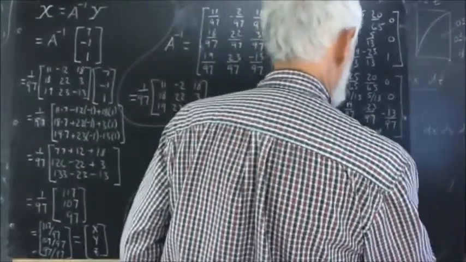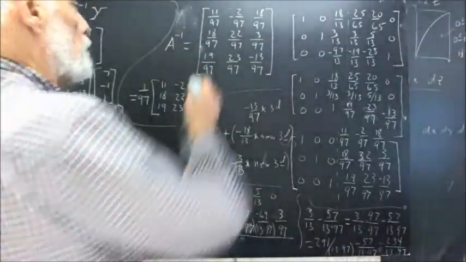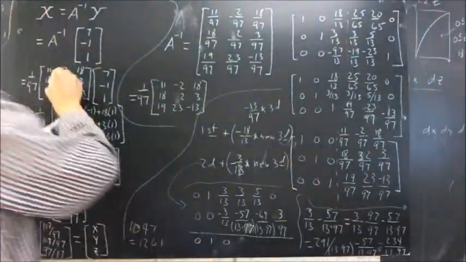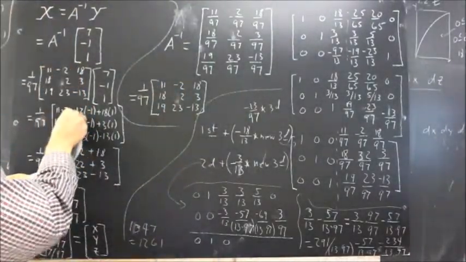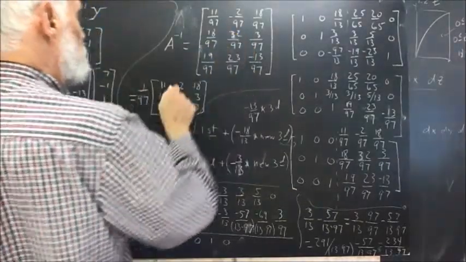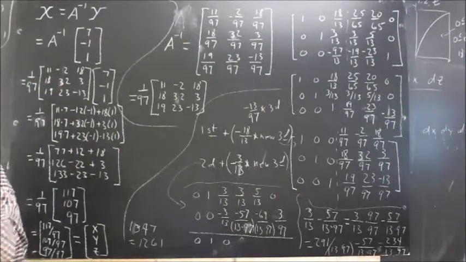This was 32, not 22, which makes this number 32, and this number 32, and this number 32, and this number 32. So just replacing the 22s with 32 there in the middle, I get this.